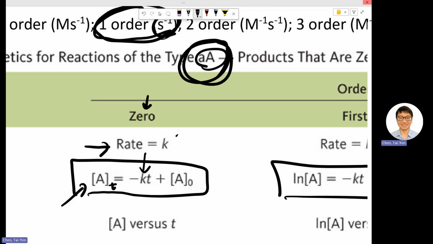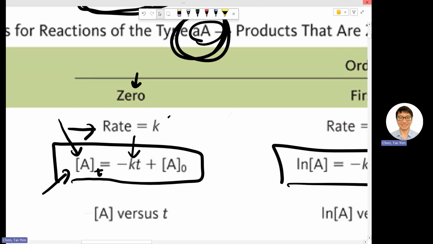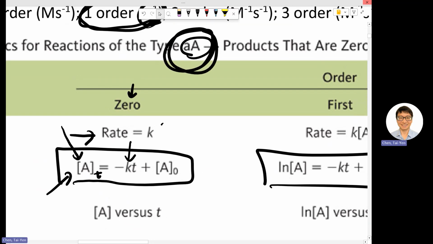After a certain time t, you want to know the concentration of your reactant, so we call it A at time t. That's what A t means: the concentration of A after the reaction has run for time t. It's going to equal negative k, the rate constant, multiplied by the time that has passed, plus A0.